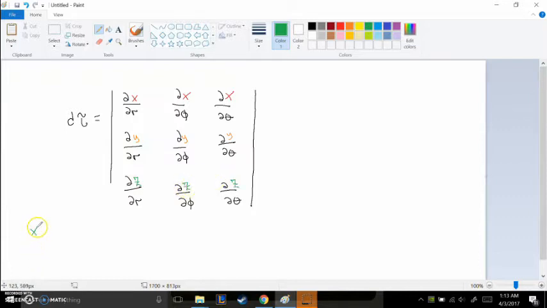Recall, we stated that x was r cosine of phi sine theta, y was r sine phi sine theta, and z was r cosine of theta.